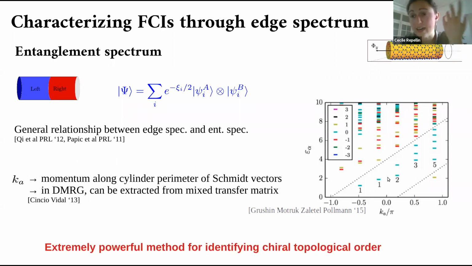I guess it's another argument in favor of this entanglement spectrum, which is that those states that you expect, which have the right sequence, are in the region of no additional charge.